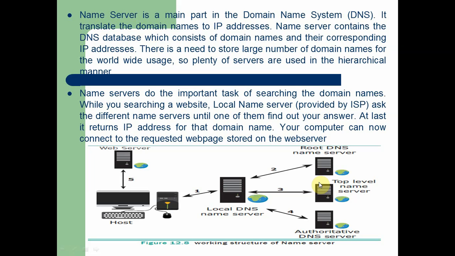So the name server is a main part of the domain name system. It translates the domain name into IP addresses. A name server contains the DNS database, which consists of domain names and their corresponding IP addresses.